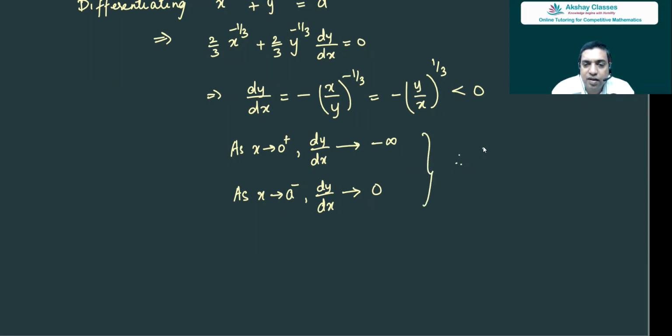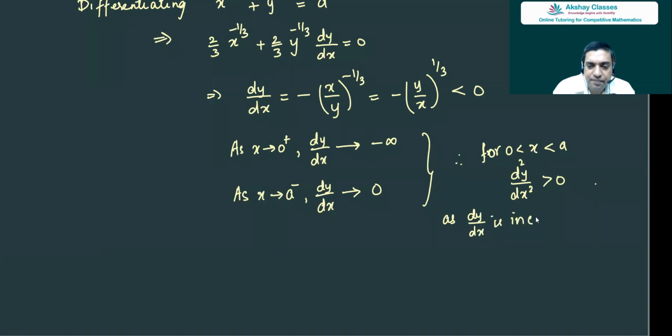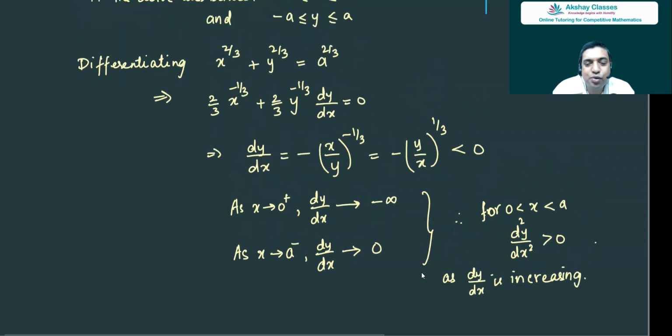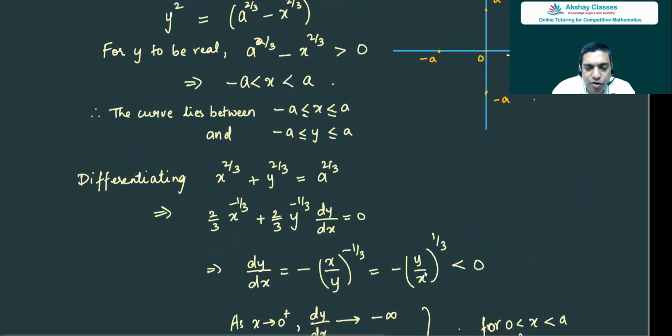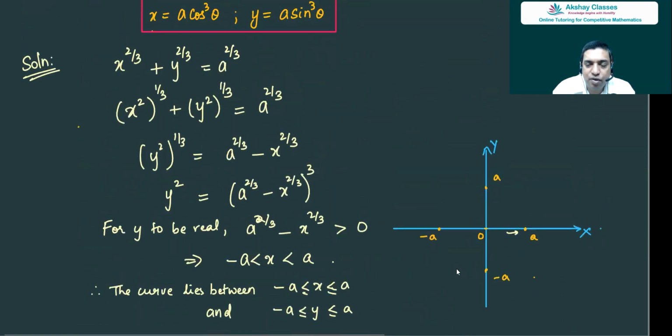Therefore, in this interval, for x lying between 0 to a, d square y by dx square will be greater than 0, as dy by dx is increasing. Okay, these are the concepts of basic application of derivatives, which we will use for plotting the curve. So now we have got that the second derivative is positive, so it is convex, concave upwards.